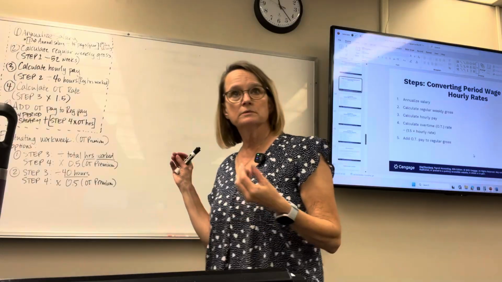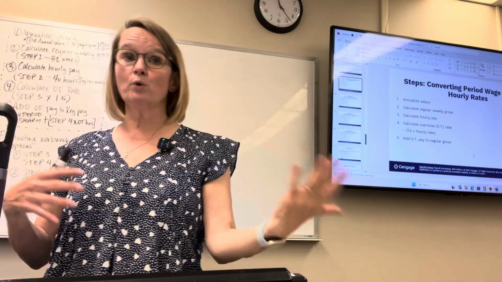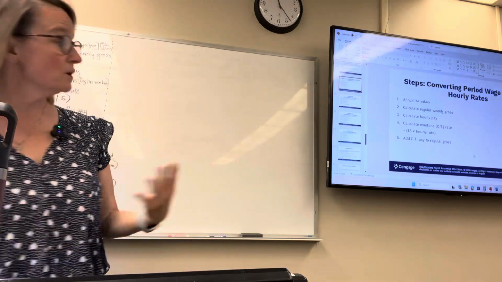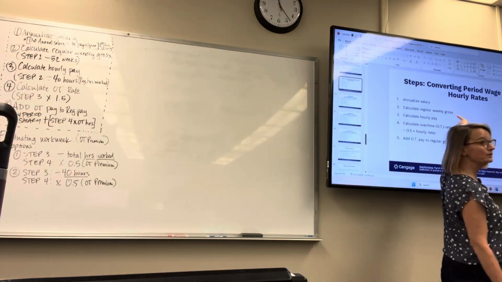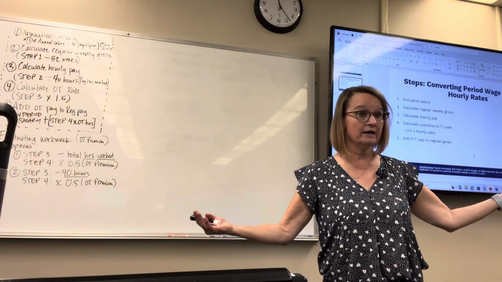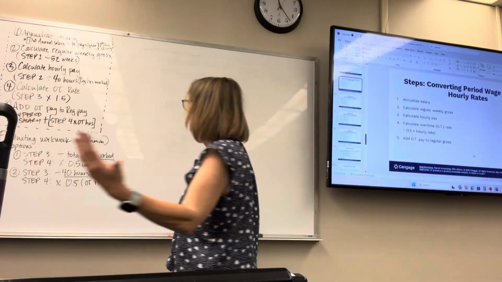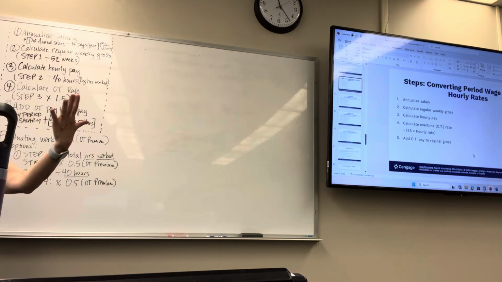Most of our initial examples will assume that the person normally works 40 hours in a week. So in this case, we would calculate our hourly pay by taking what our weekly gross is, dividing it by 40 hours. That's how much they're making on an hourly basis, right? Then, from that information, we can figure out what the overtime rate is.